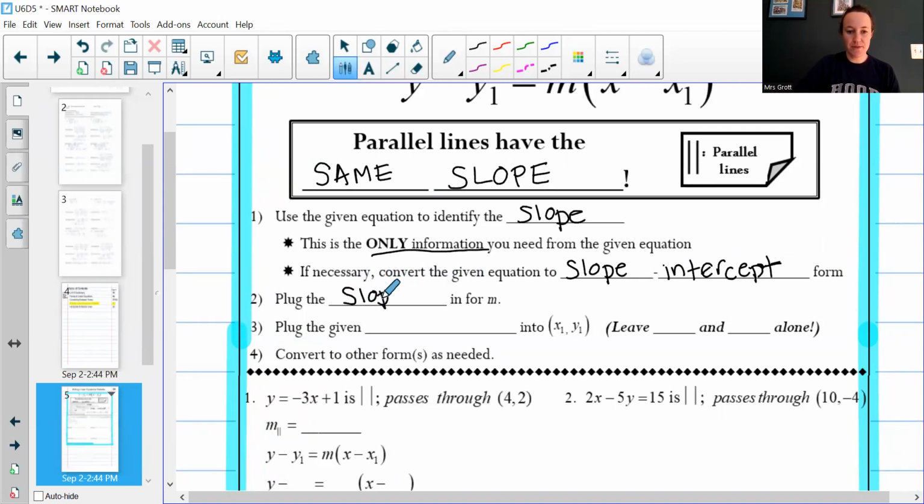Make sure you are substituting the slope in for m. Substitute in the given point to x1, y1. This part has not changed. X and y are left by themselves. So again, the only thing getting replaced is y1 and x1.